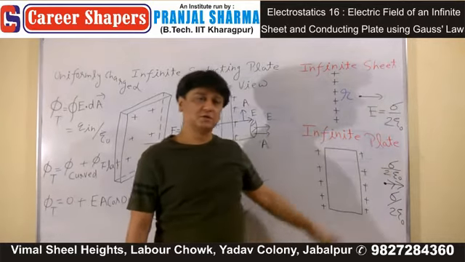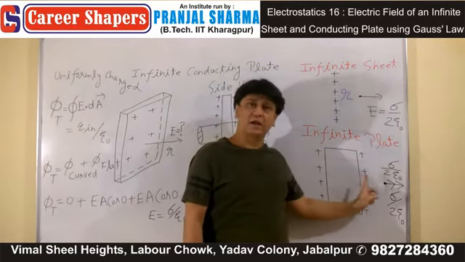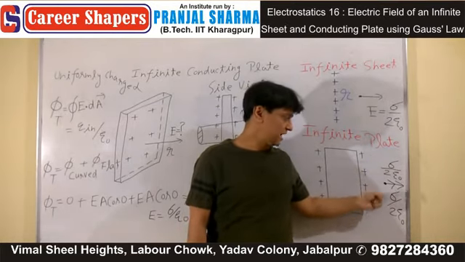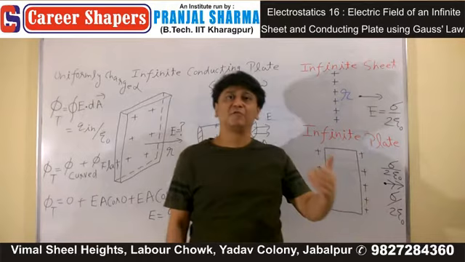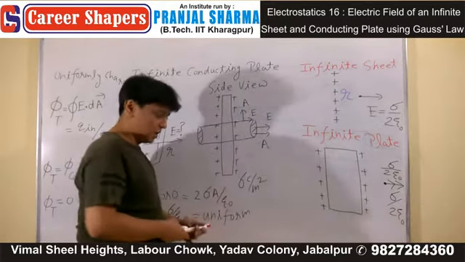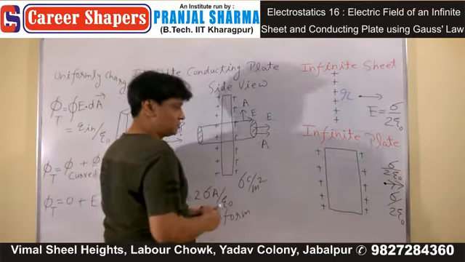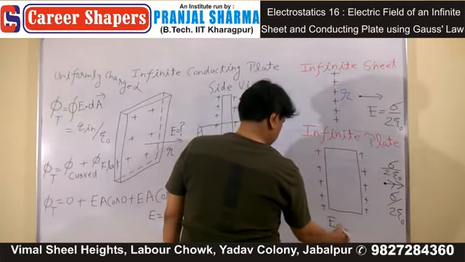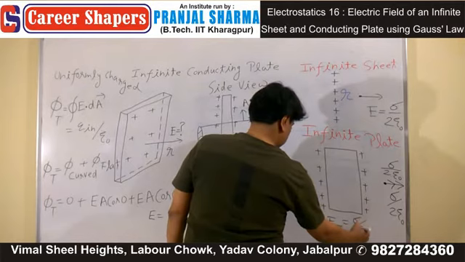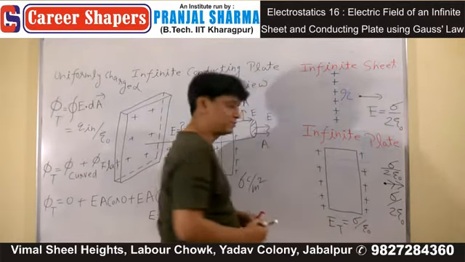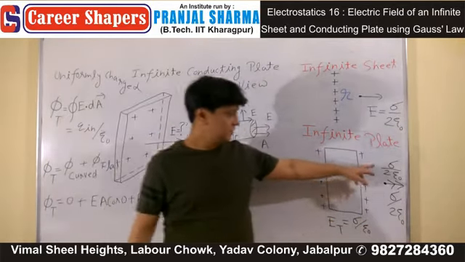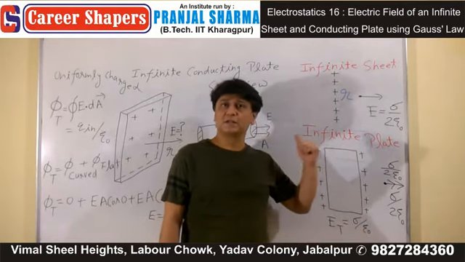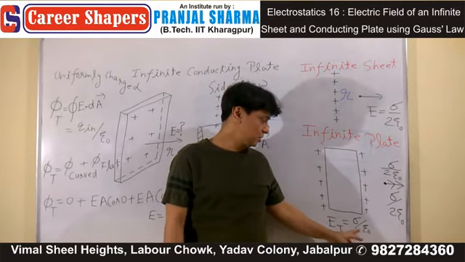In both cases, these infinite sheets are producing the same strength, giving a total electric field. So at this point, your total electric field is sigma upon 2 plus sigma upon 2, which is sigma upon epsilon 0.